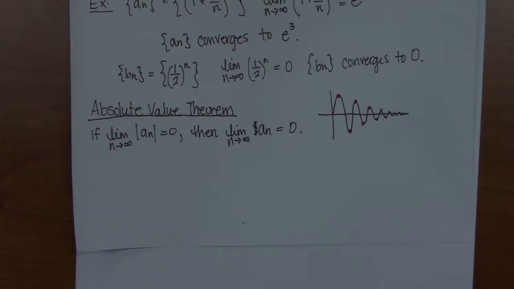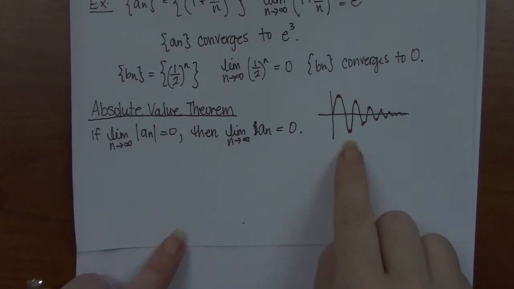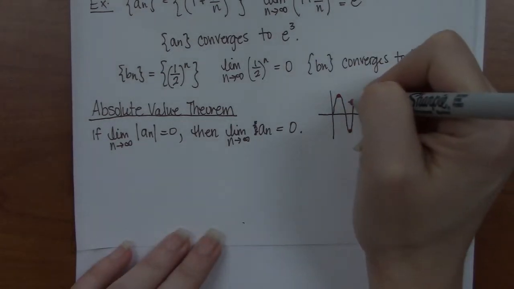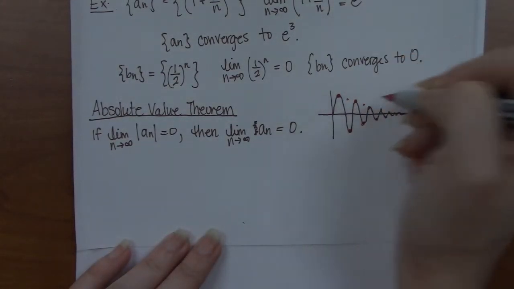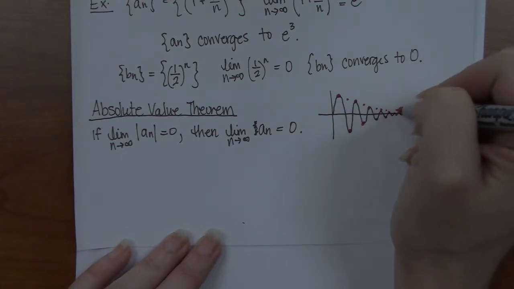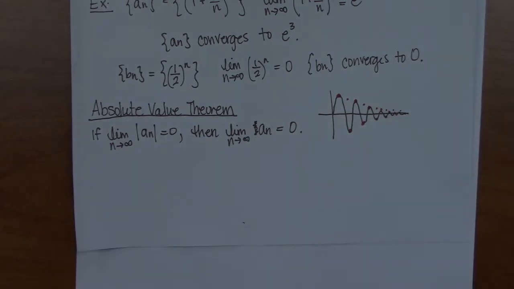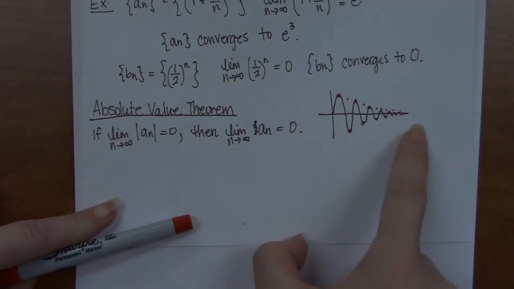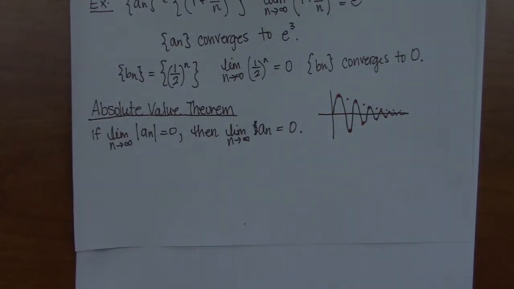What the absolute value theorem does is it takes all these negative terms, finds their respective place in the positive territory, and you can see as these dots above the line are trending towards zero, the negative ones are going to follow the same pattern as well. If we just look at the absolute value, we say it converges absolutely.